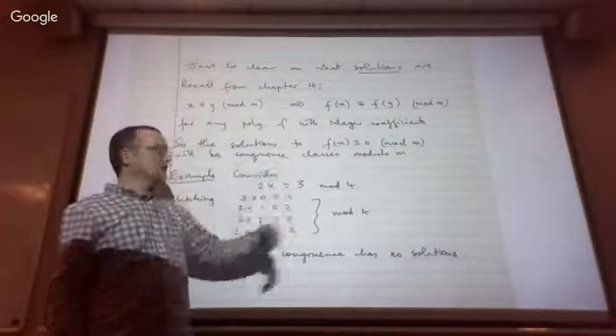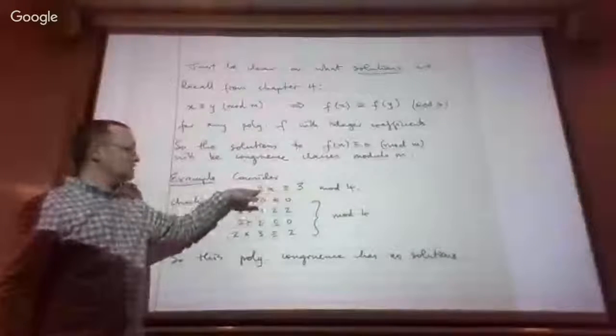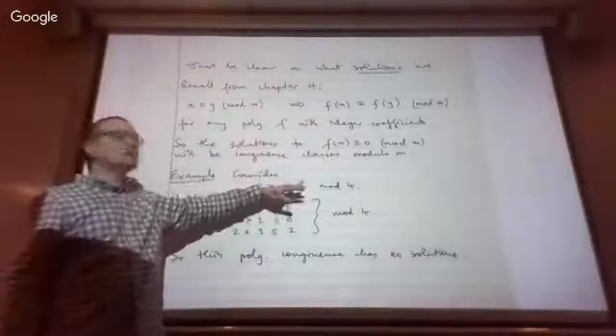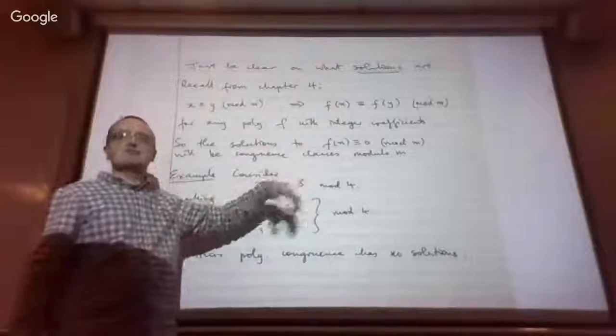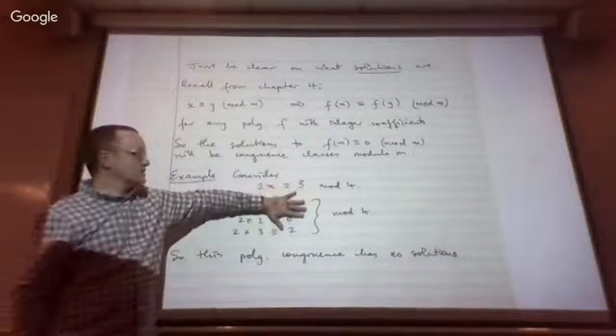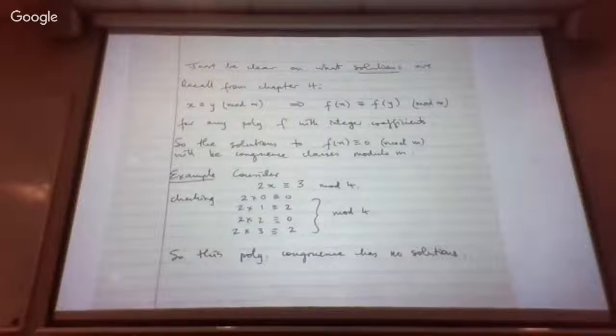Okay? 3, 7, 11, all those things congruent to 3 mod 4, they're all odd integers. But of course, here on the left-hand side, we've got an even integer, 2 times x. So 2 times x can never be equal to anything that is congruent to 3 mod 4. So by checking the odd and evenness, a more sophisticated mathematical argument, we could have seen that there's no possibility for a solution as well.